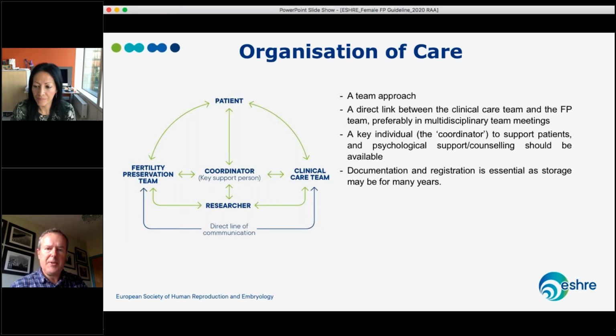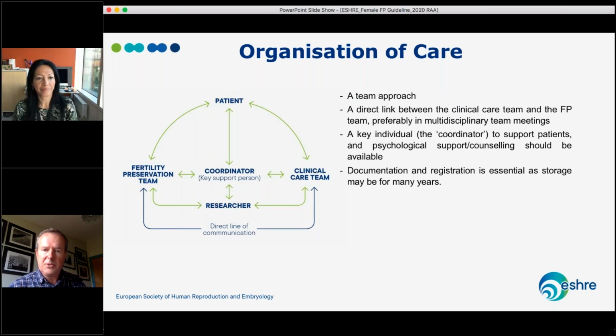And the key aspect of that is the need for a team approach. This is a multidisciplinary process. There will be a whole range of different diagnoses and therefore different clinical care groups looking after the patients and referring them into the fertility preservation system. And there needs to be excellent links between these groups.